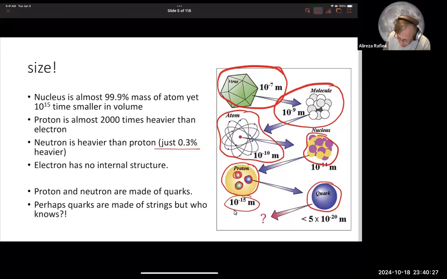Protons and neutrons, each one, is about 2,000 times heavier than an electron. Electrons are very light, so the majority of the mass of the atom is inside protons and neutrons. Electrons are so tiny you can ignore them when we talk about masses. Now, some people claim that there should be some other internal structures inside these quarks, like strings, but we are not going to deal with them, so we ignore them for now.